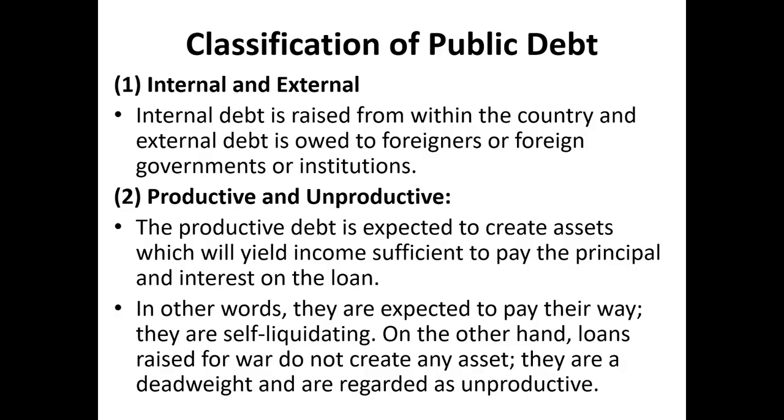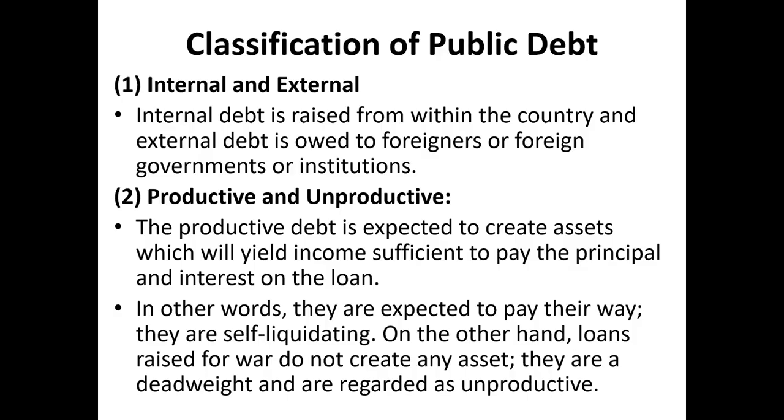But if the government takes a loan and spends it on the construction of an international airport, it is an asset that will yield income in the future, and the government can repay the principal and the interest on the loan from that yield. This kind of debt is known as productive debt.